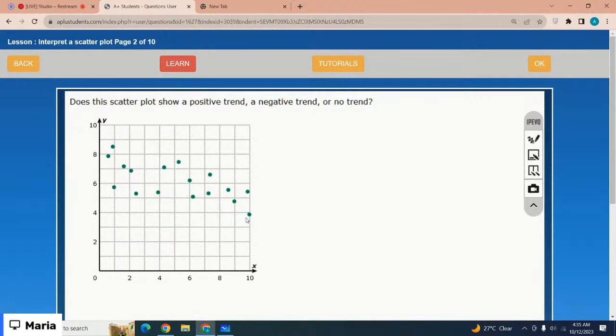right? As x increases, the values of y are decreasing.